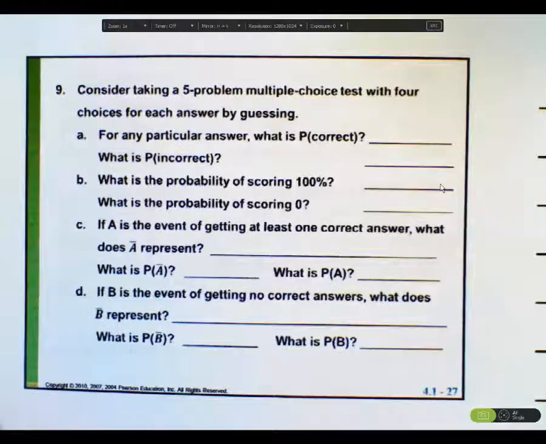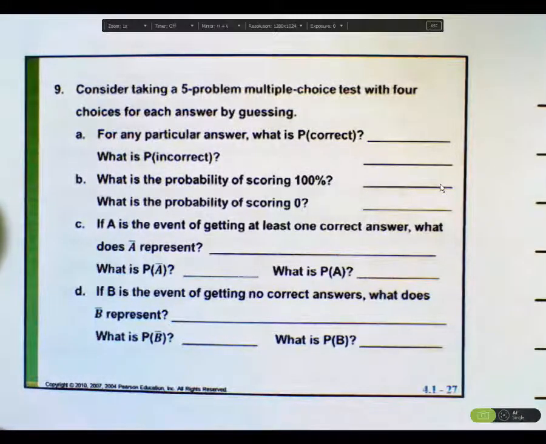Number 9 says, consider taking a 5-problem multiple choice test with 4 choices for each answer by guessing. All right, so the test has 5 problems, and each problem has A, B, C, and D as the possible choices. There are 4 choices, only one of the 4 is the right answer.